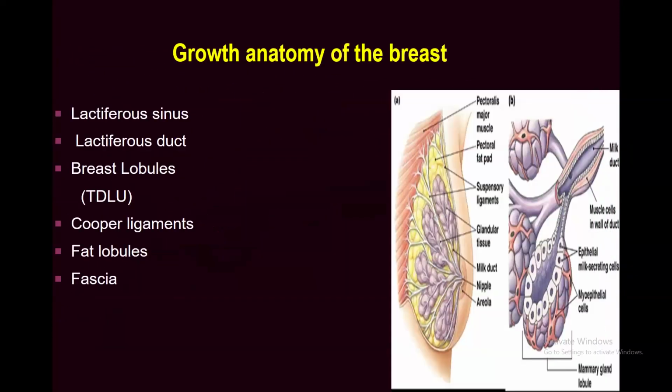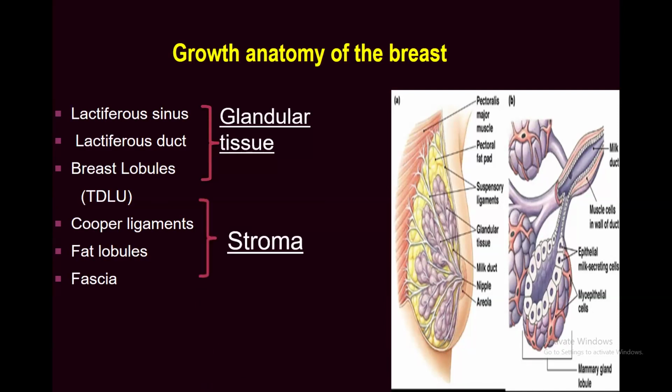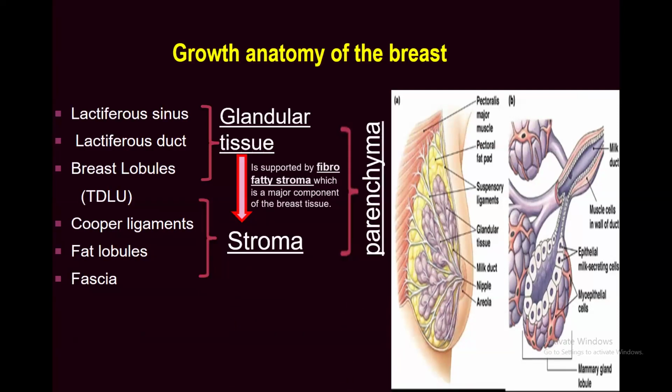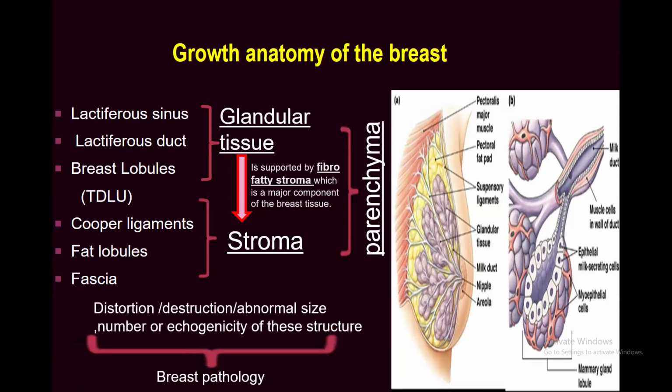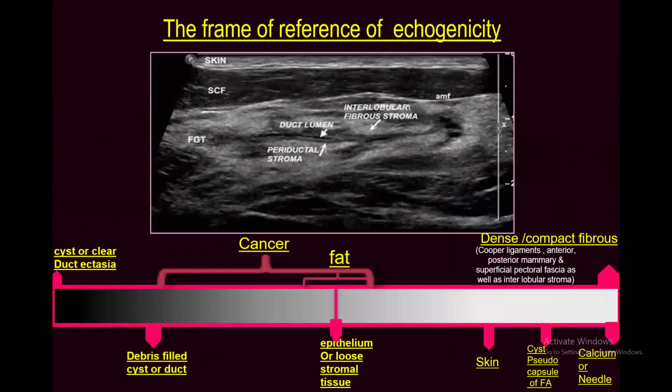We also mentioned the basic anatomy of the breast, composed of a glandular part which forms the lactiferous ducts, sinus and lobules. These are embedded in stroma, in the fat, and supported by the stroma, both together representing the parenchyma. Any distortion, destruction, abnormal size, abnormal number, or echogenicity of these structures will result in abnormality and breast pathology.